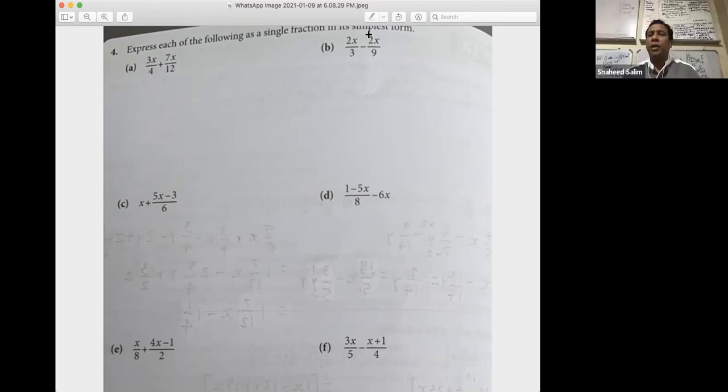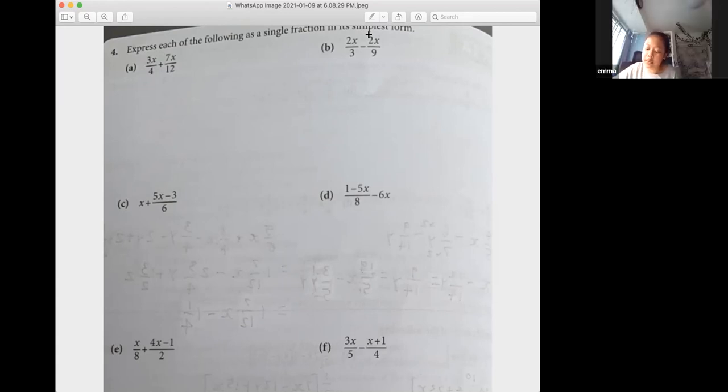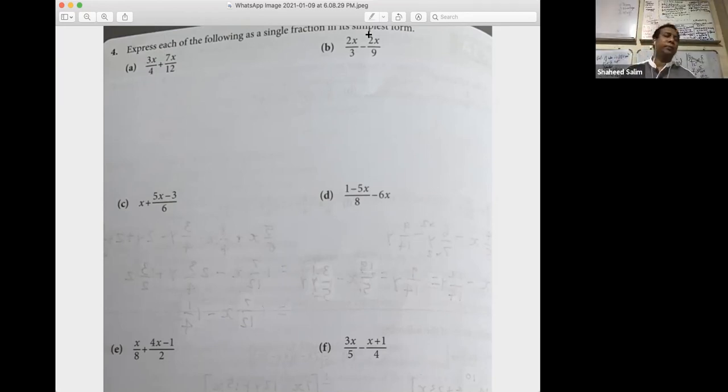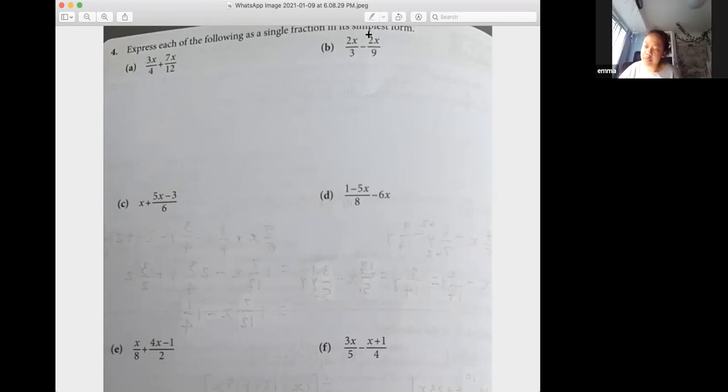Now remember what to do to the 6x. You give it a denominator. 6x over 1. Yes, 1. Yes. 1 minus 53x over 8.